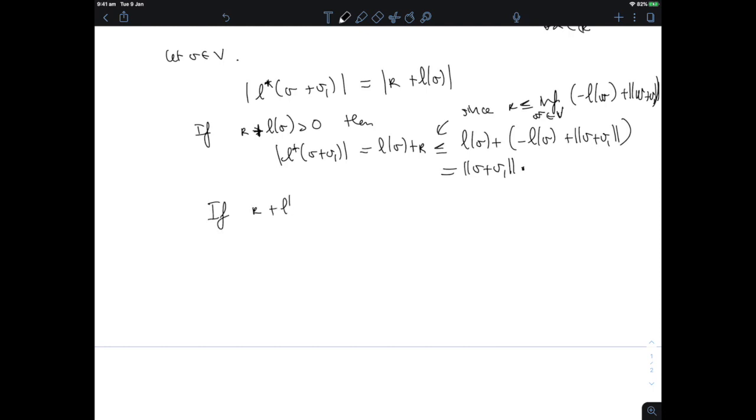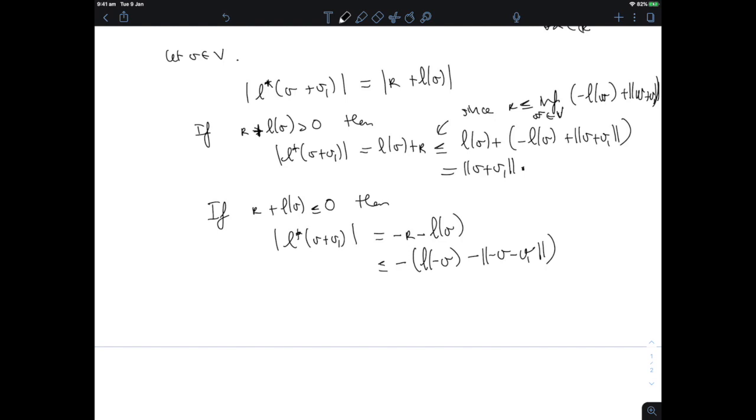What if R plus L(v) is non-positive? Then my L star of V plus V1 in absolute value is going to be minus R minus L(v). Now R is greater than the supremum, so minus R has to be smaller than minus, and I can choose a v, and I'm going to choose minus v: minus L of minus V minus V1.